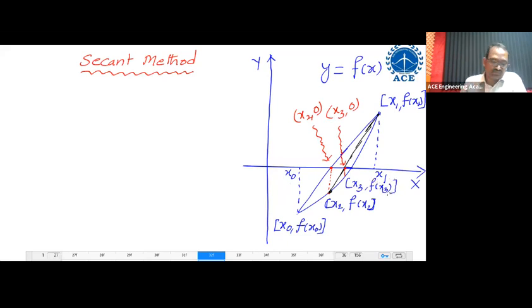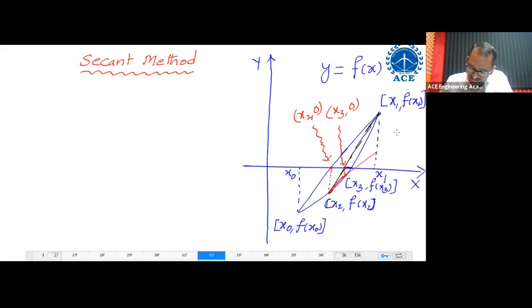Be careful about what I'm saying now. Every time you need to draw one secant line. The first secant line is drawn passing through x0, x1. The next secant line is drawn passing through x1, x2. The next secant line is drawn passing through x2, x3. Sequence only. Look, this is x2, this is x3.